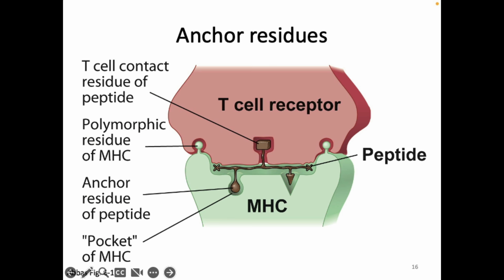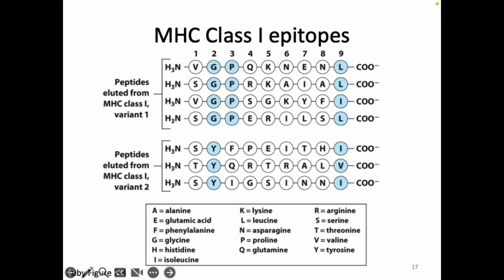Those individual amino acids that are interacting with the MHC class 1 peptide binding groove are known as anchor residues. And there are two examples here. If we have this MHC class 1, it's only going to bind peptides that are 9 amino acids long.